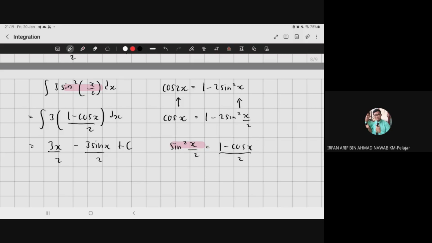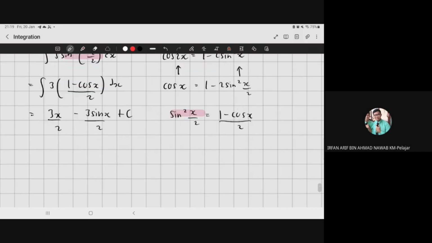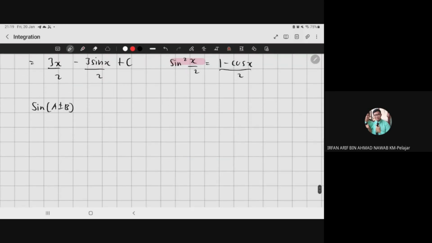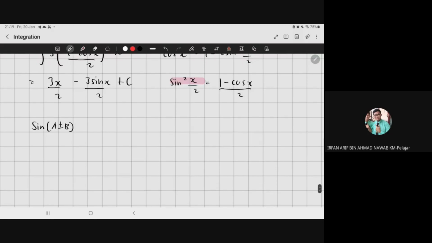So for now, you only have to know these two compound angles. What is the expected output for sine of A plus or minus B? We should get sine A times cosine B plus or minus sine B cosine A.